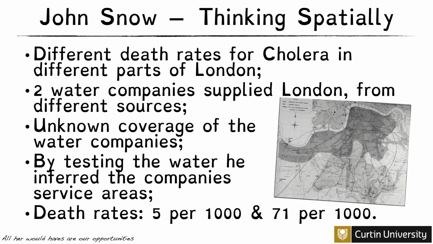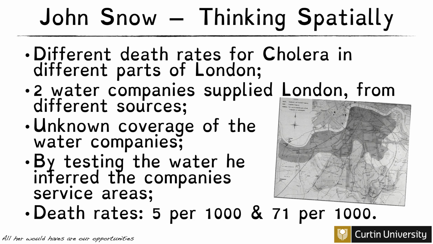But this wasn't possible to know. The water companies didn't know which taps were being supplied with which water supplies. And what he did was he was able to calculate and correlate a death rate from certain taps of 5 per 1,000 people who used it, and from other ones up to 71 people died per 1,000 who used it.